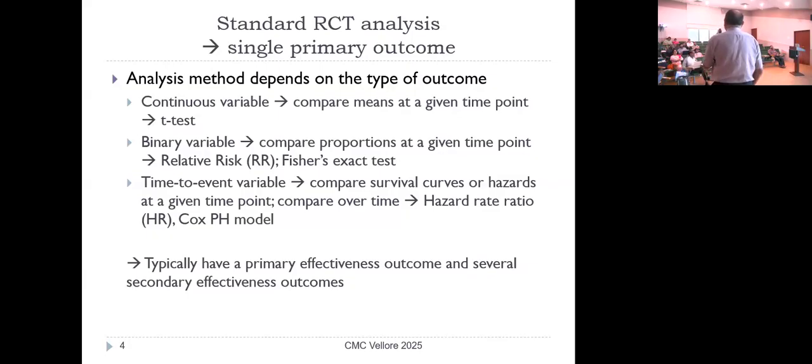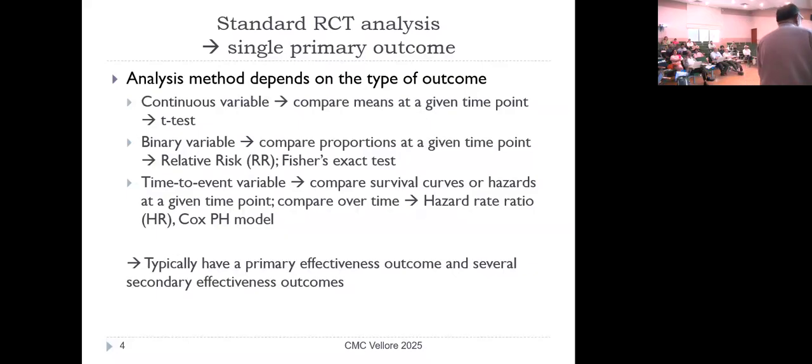So the application of survival analysis in clinical trials is simple. It's the log rank test, calculation of a hazard rate ratio, and doing the Cox model to explore covariates. That's it. Finished workshop. So that is the easy thing, and that's the template. This is what most trials do. They don't deviate from this.